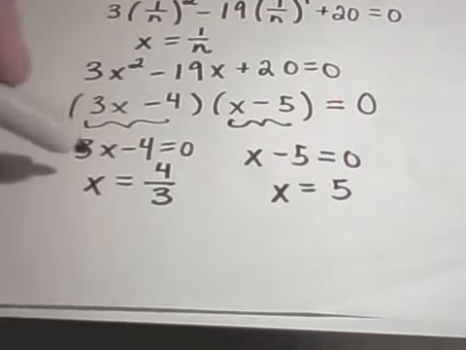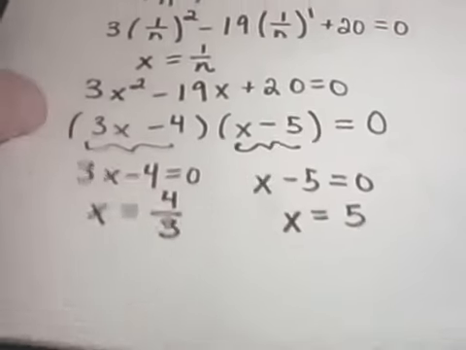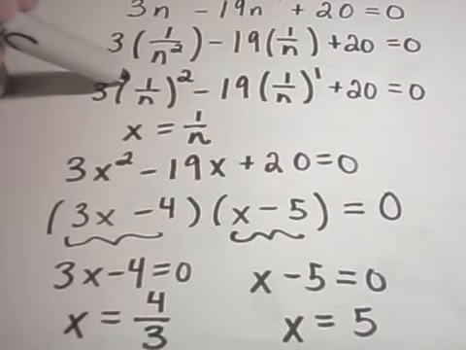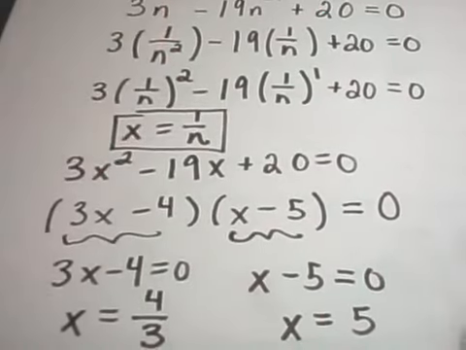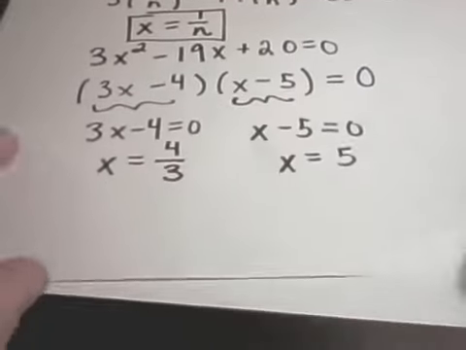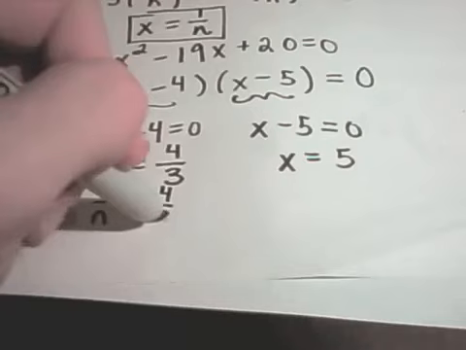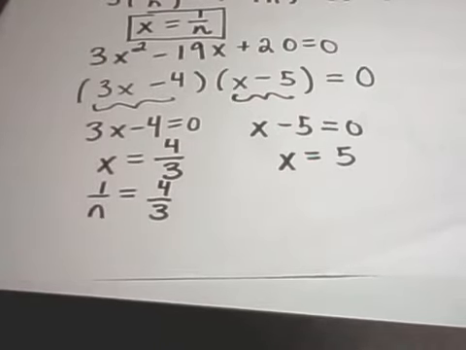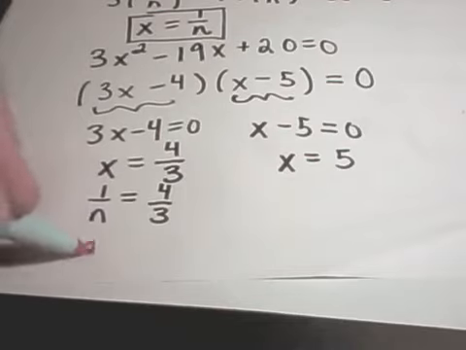And now, okay, our original problem didn't involve x. It involved, remember, n's. Well, we know that x is equivalent to 1 over n, so I'm just going to plug that back in. I'll plug in the fact that 1 over n equals 4/3. And now you can simply flip the fraction on the left or cross multiply, all kinds of ways.